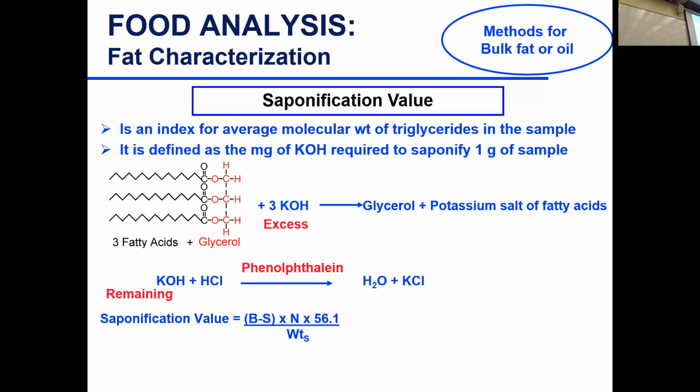So it's often used to determine the average molecular weight in your oil. And it is a measure of authentication, especially in olive oil that can get adulterated. You can do FAME analysis and determine adulteration, or you can do saponification value test, which is quicker than FAME, and determine if olive oil is adulterated.